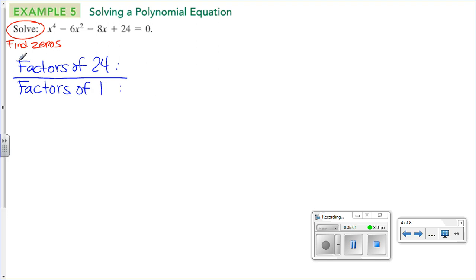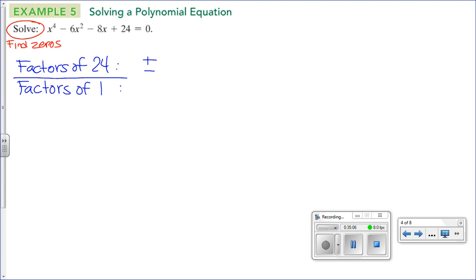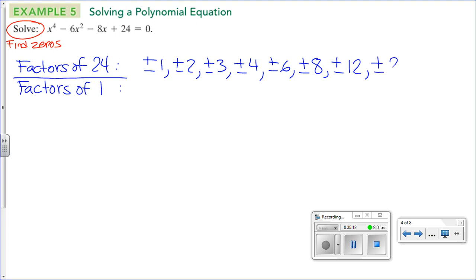Factors of 24, we have plus minus 1, plus minus 2, plus minus 3, plus minus 4, plus minus 6, plus minus 8, plus minus 12, and plus minus 24. All of those numbers divided by the factors of 1, which are just positive and negative 1.